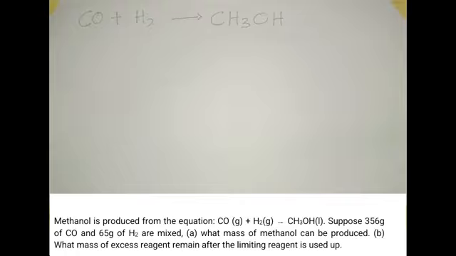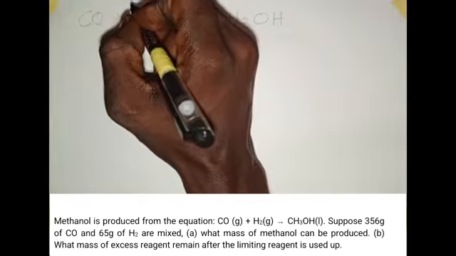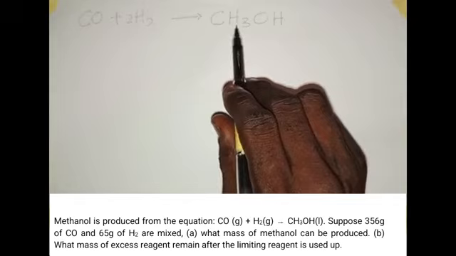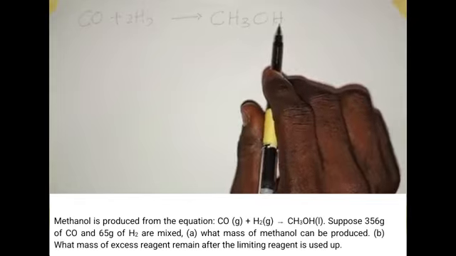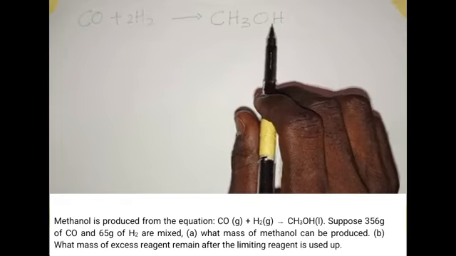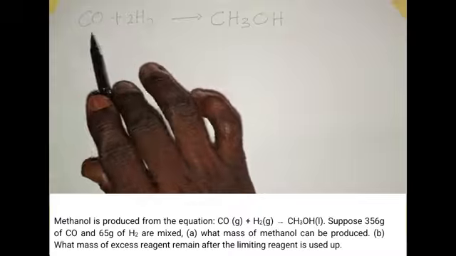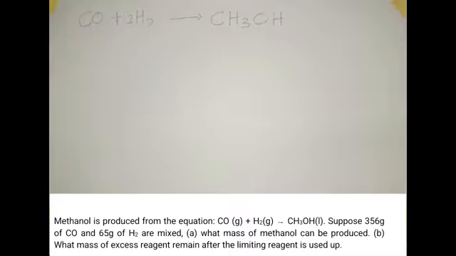So to balance this equation, we are going to put a coefficient of 2 for hydrogen, because we have 4 atoms of hydrogen, that is 3 plus 1, 4 on the product side. So to balance it, you have to put a 2 here to make it 4. All other atoms are balanced. Let's now go straight to the given quantities in this question.